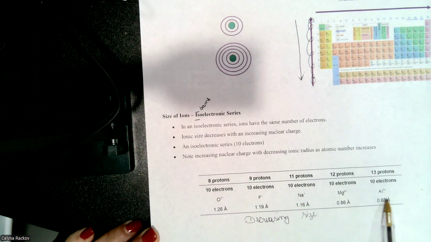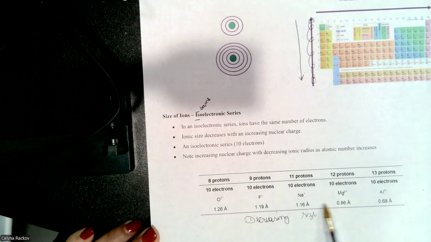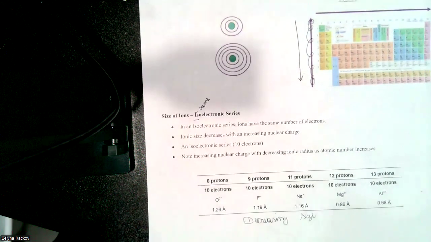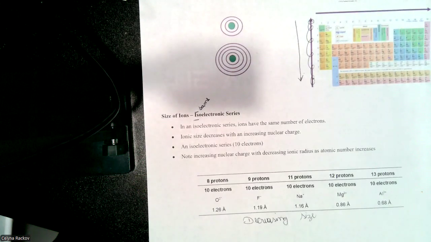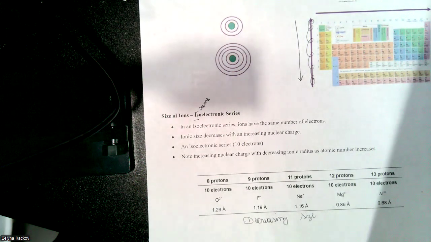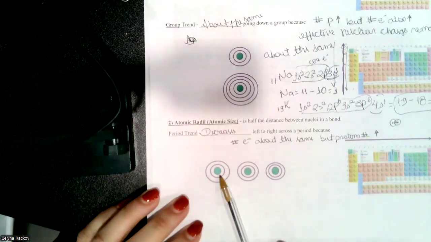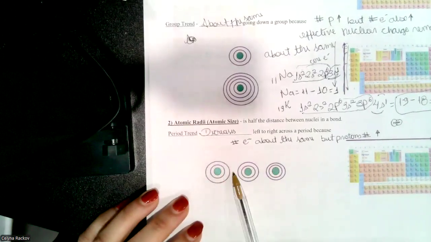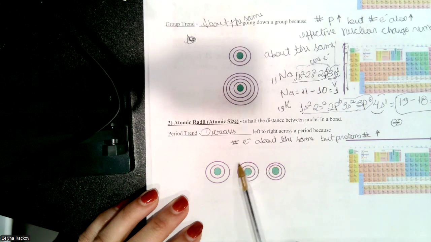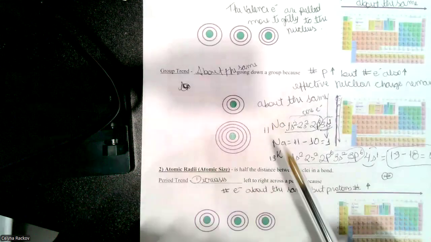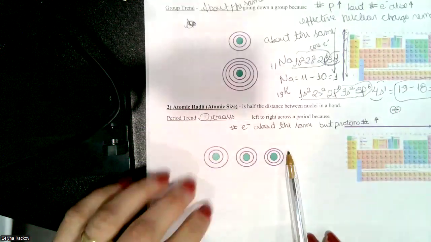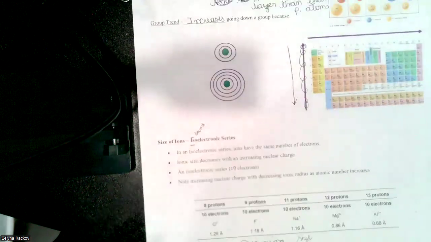Because when the protons increase, the electrons outside get closer to the nucleus. If they get closer to the nucleus, the size will be smaller, right? Okay.